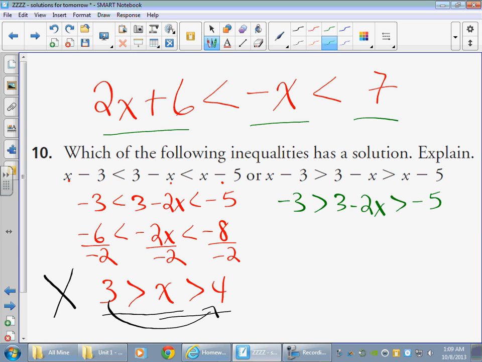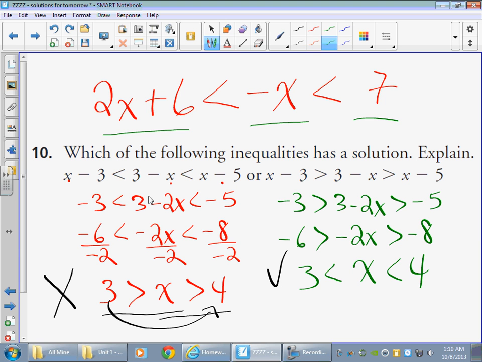Now subtract the 3 again. Negative 6 is greater than negative 2x, which is greater than negative 8. And this time when I divide by the negative 2, I get positive 3 less than x less than 4, which is absolutely fine. There are values that work there.